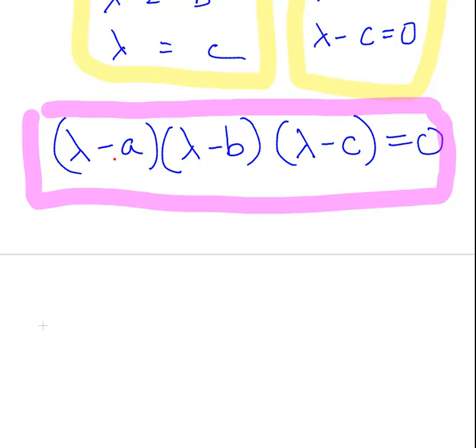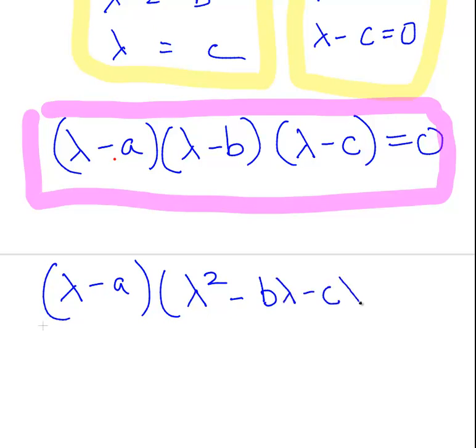Now I'm going to calculate this out bit by bit. Leave lambda minus A alone for the minute, and what we have here is lambda squared minus B lambda minus C lambda plus BC.